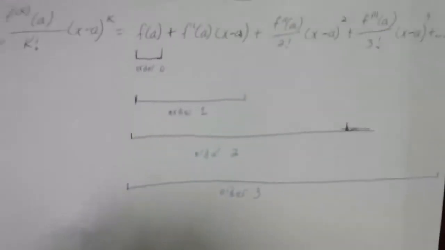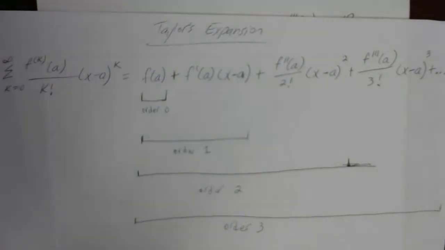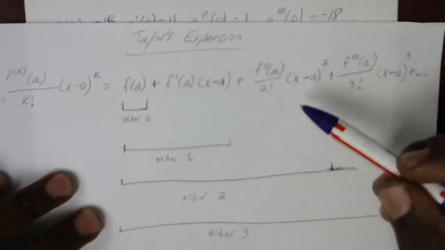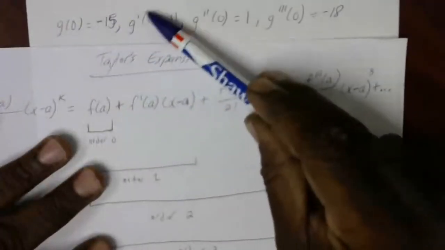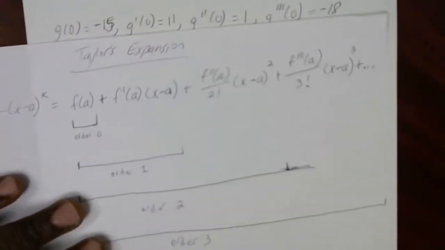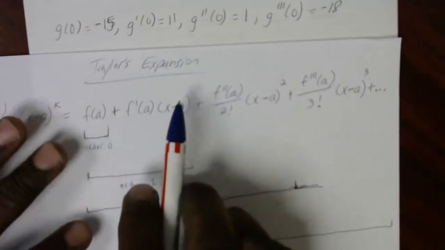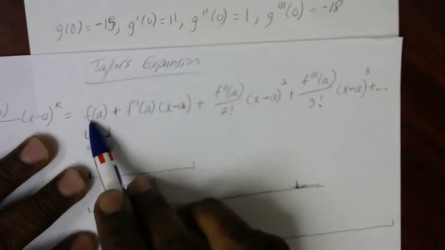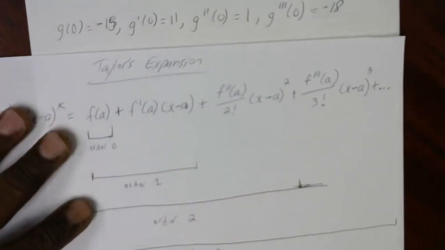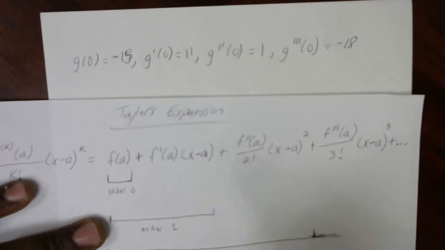So if we take a look at our expansion, instead of using f, they're using g. So in our expansion, we would have g of x.